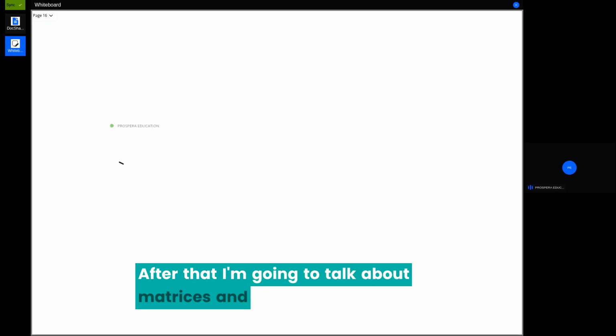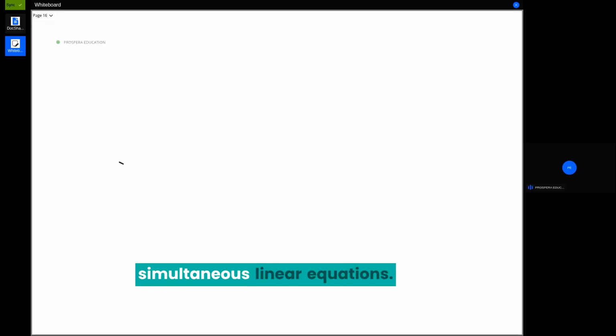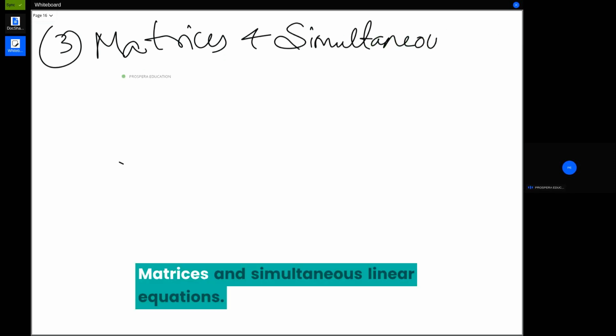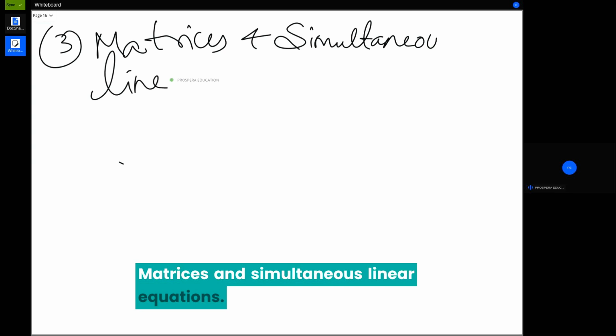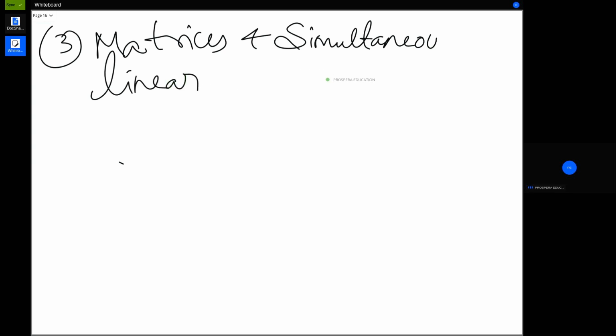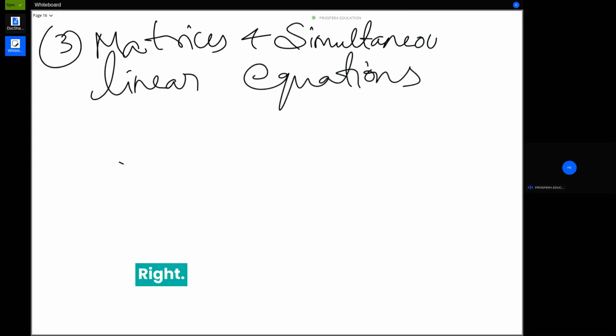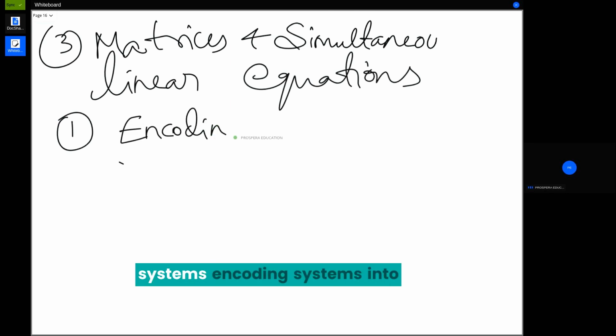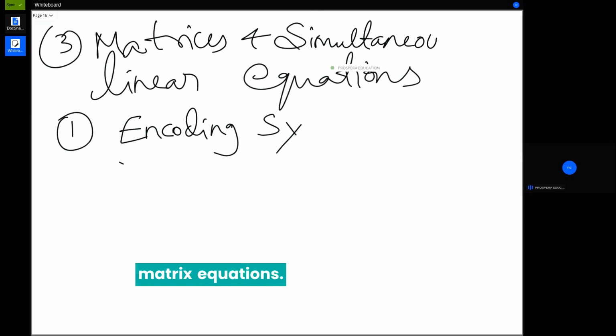After that, I'm going to talk about matrices and simultaneous linear equations. In this module, the first lecture will be about encoding systems into matrix equations.